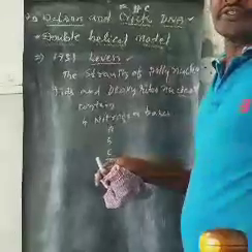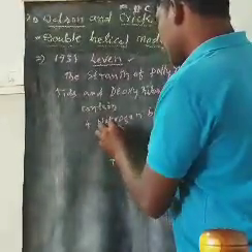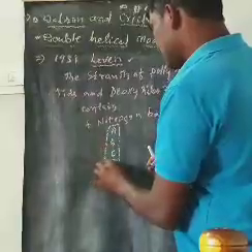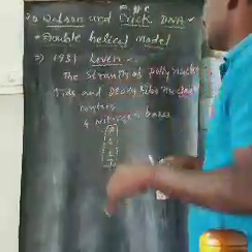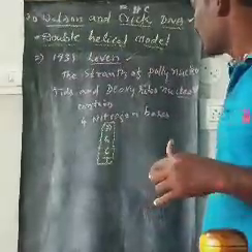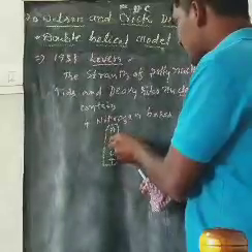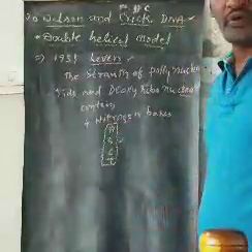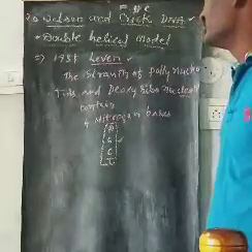These nitrogen base pairs form the structure of the polynucleotides and deoxyribonucleotides. So first of all we are learning about this structure.